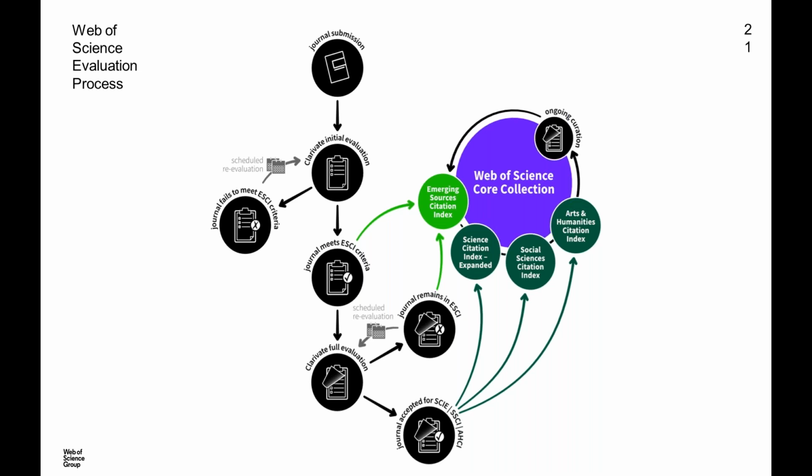But as you can see, Emerging Sources Citation Index, which is their basic database, will select content, journals or articles. Usually the selection is done at a journal level, and then everything published within that journal gets selected for that particular database.